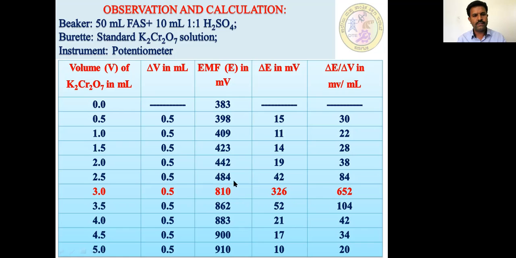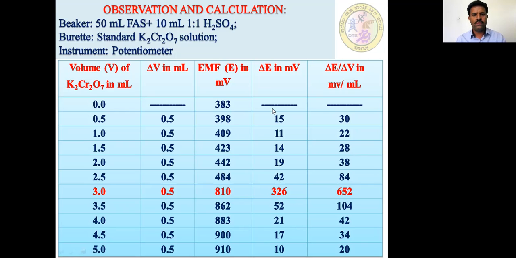So you can see there's a drastic increase in EMF. Later for 3.5 ml 862, it's not much difference here, again a slow increase. And for 4 ml 883, for 4.5 ml 900 millivolts, for 5 ml 910 millivolts. Because I obtained a drastic increase in EMF at 3 ml, I have taken 4 more readings. After getting a sharp increase, we should go for another 4 to 5 titrations.